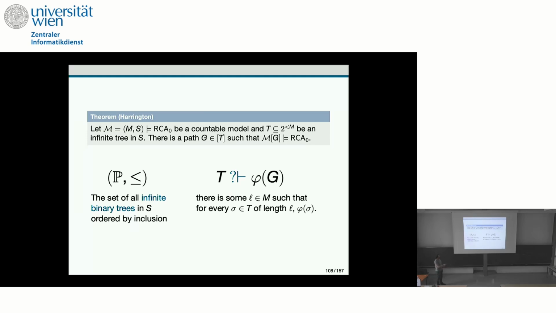Every Sigma 0 1 formula can be normalized so that it induces also a Sigma 0 1 formula over the finite strings, and this holds if and only if there is an initial segment of it for which it holds. And actually, this formula is monotonous in the sense that if it holds for sigma and tau is an extension of sigma, then it also holds for tau. So we just identify those two formulas, but this is just a small syntactic manipulation.